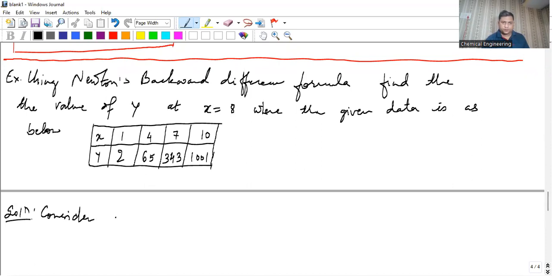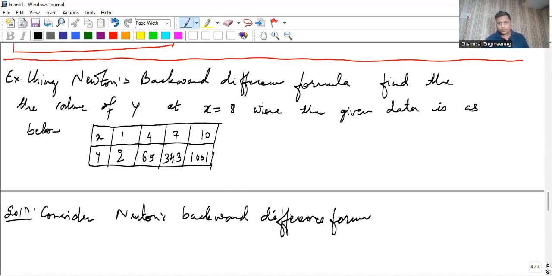Consider the Newton's backward difference formula as follows.